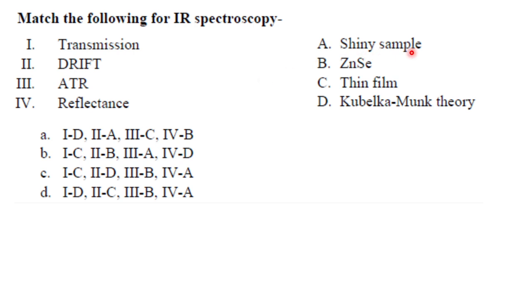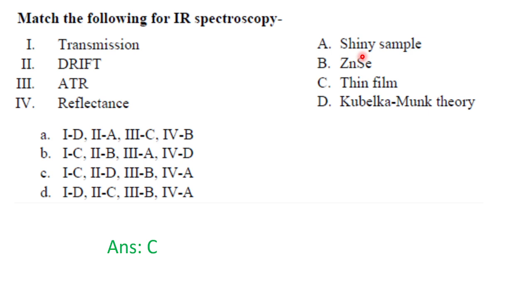Reflectance is for a shiny sample. If it is a shiny sample, then you can collect the reflected radiation. So what is the answer? Transmission is thin film, drift is Kubelka-Munk, ATR is zinc selenide, and reflectance is shiny sample.